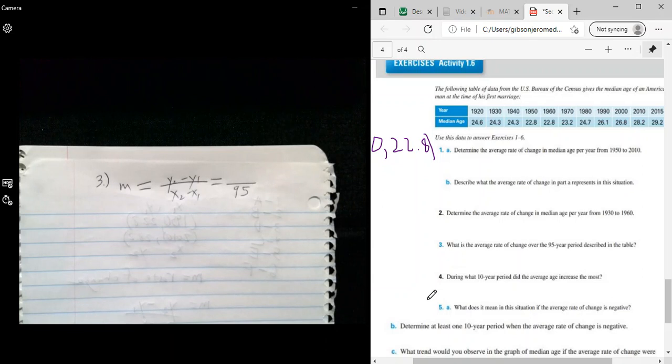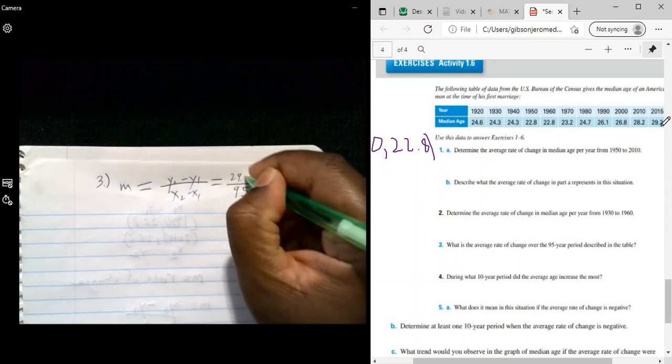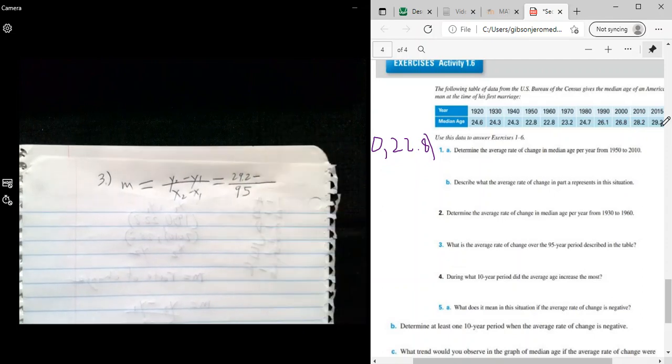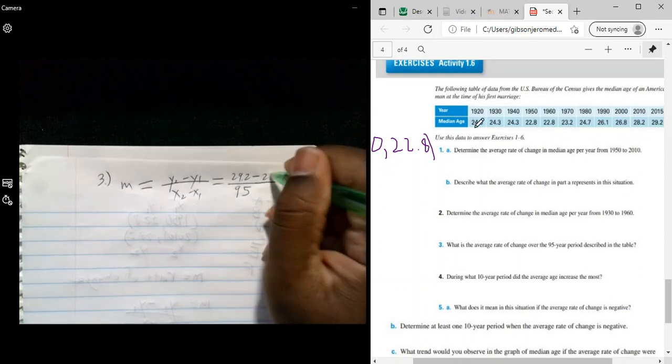So now, if we look here as far as the years, that'll be 1920 to 2015. So we look here at their values. We know the 2015 at 29.2 would be your y sub 2, and your y sub 1 would be that 24.6.